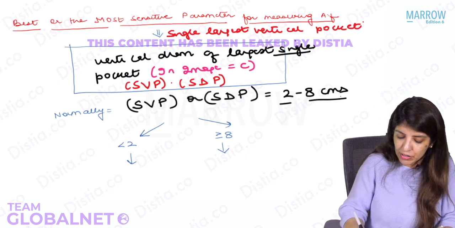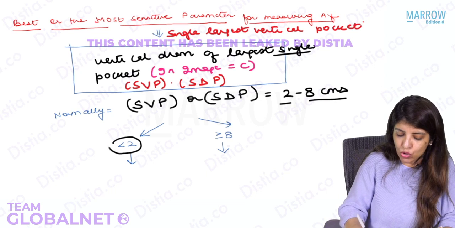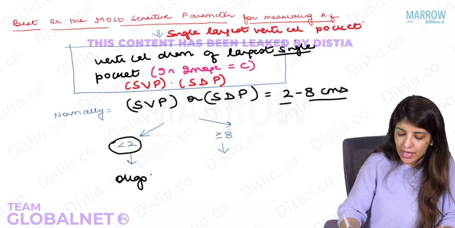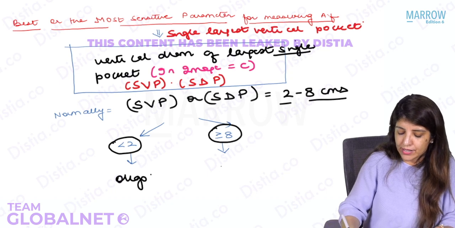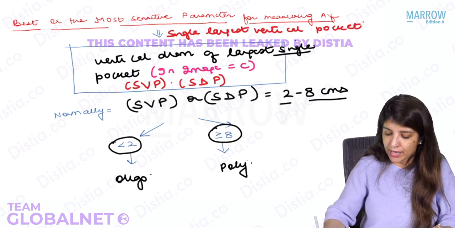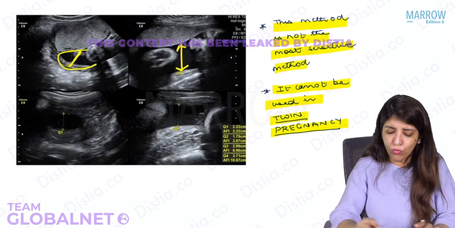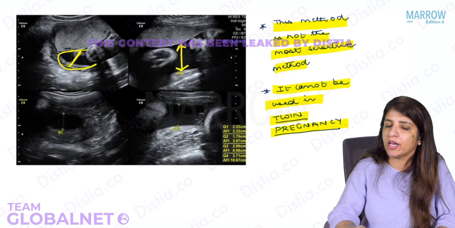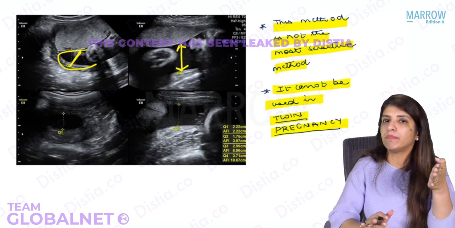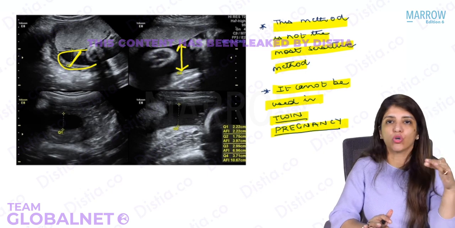Now, if diameter becomes less than 2 centimeters, it is oligohydramnios. If it is more than 8 centimeters, it is polyhydramnios. So again, I'm repeating. Over here, I was doing amniotic fluid index. I was dividing the pregnant female's abdomen into 4 quadrants.